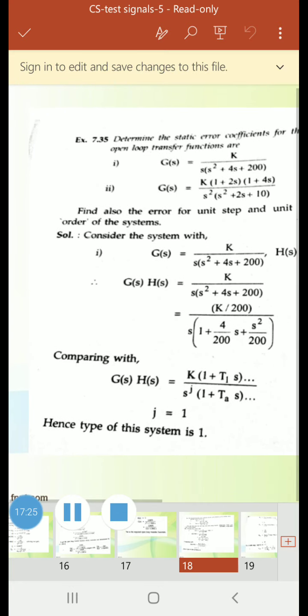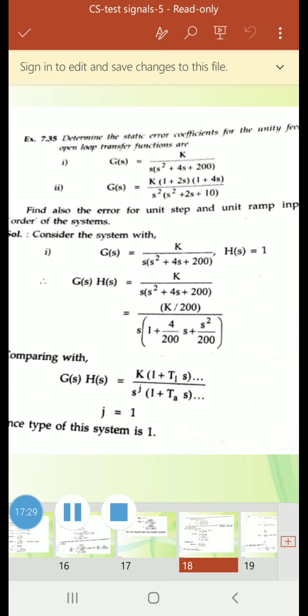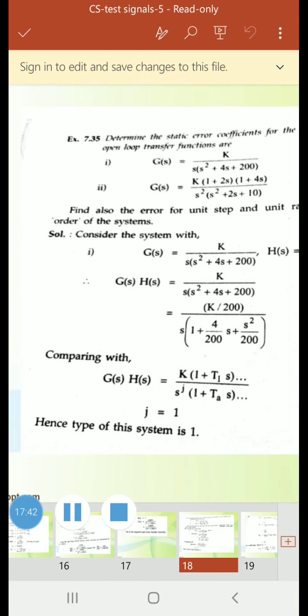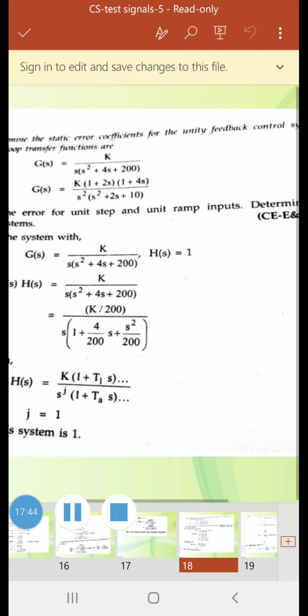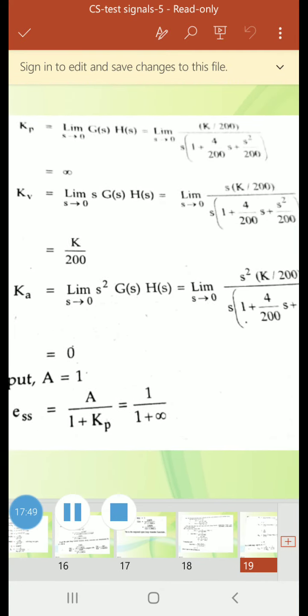So comparing with G of S, H of S, already we have seen from the basics, K into bracket 1 plus T1 S by S raised j into 1 plus T S. J is equal to 1. Hence type of this system is 1. So what we can write, Kp?